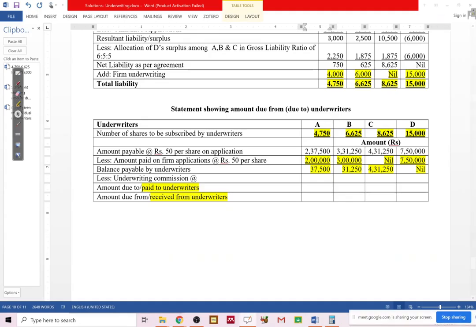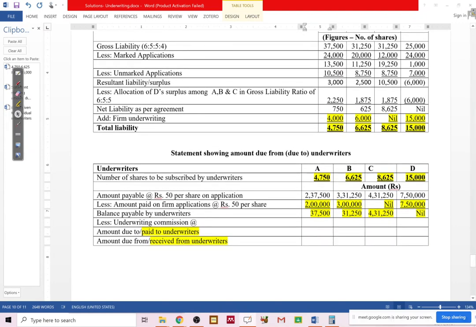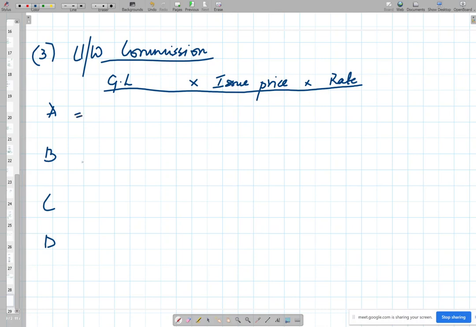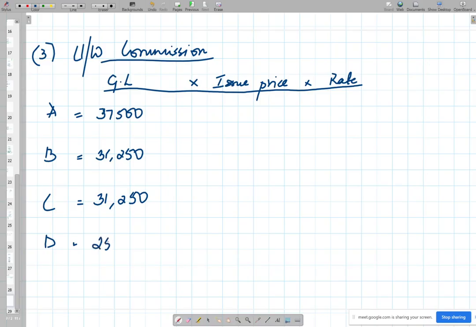So what is the gross liability for each one? 37,500, 31,250, 31,250 and 25,000. Always calculate commission on gross liability. Now let's see how much we get.